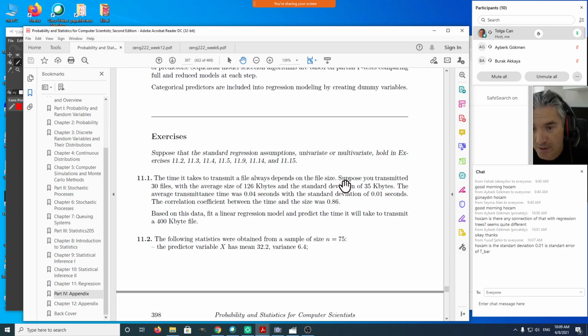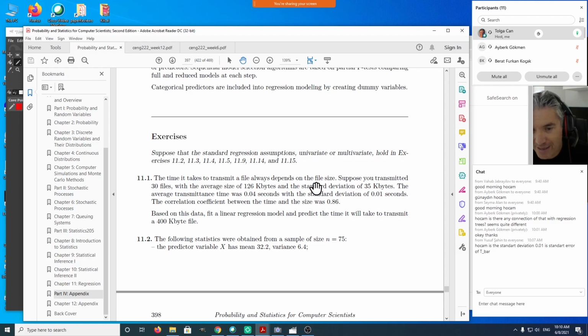But usually when you're given some information about the sample, I probably interpreted that exercise in chapter 9 incorrectly, because when we are given information about the sample, the average and standard deviation of the sample is given to us together. And in both of these sentences, it's saying with the average size of this and the standard deviation of this.